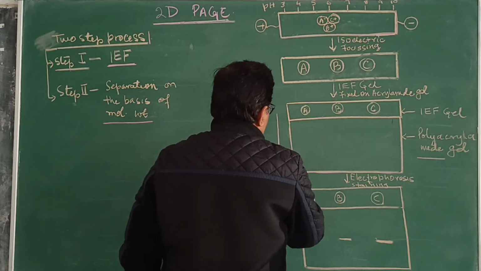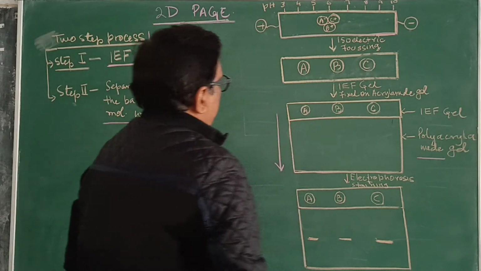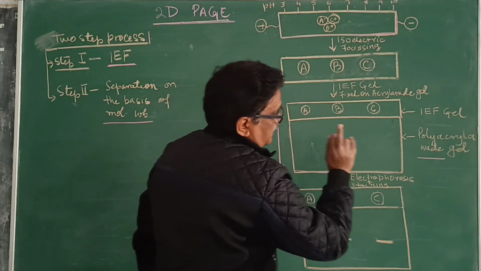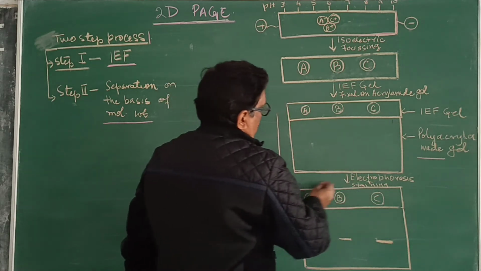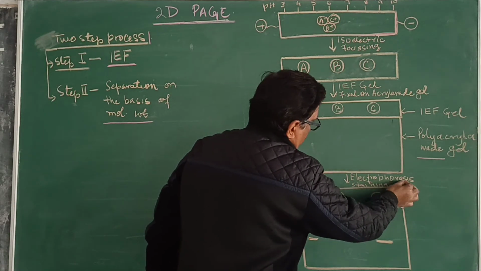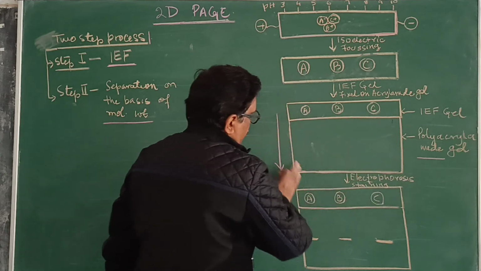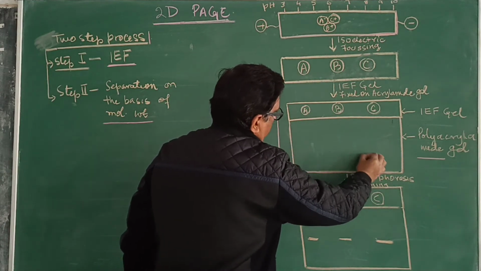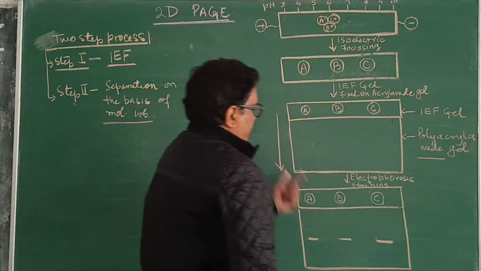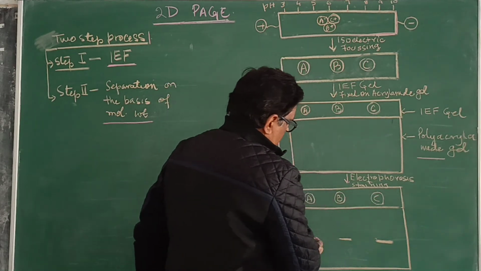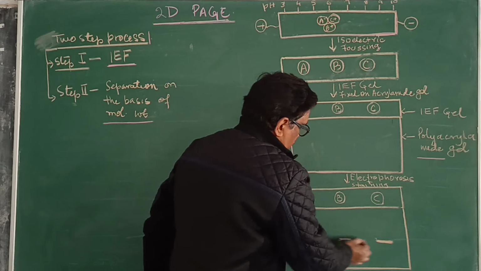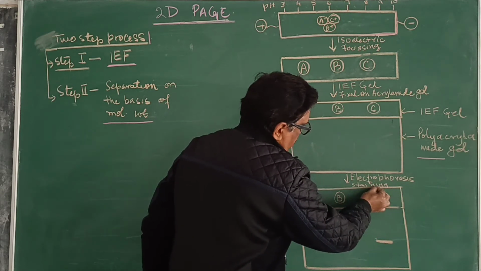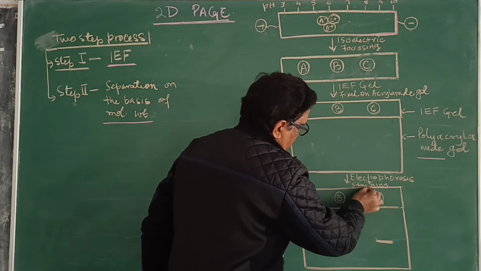The proteins start migration from this strip into the gel, that is the PAGE. During electrophoresis, the protein molecules start migrating in this direction, and at the end they will be here, supposedly. After electrophoresis, the proteins will be stable.